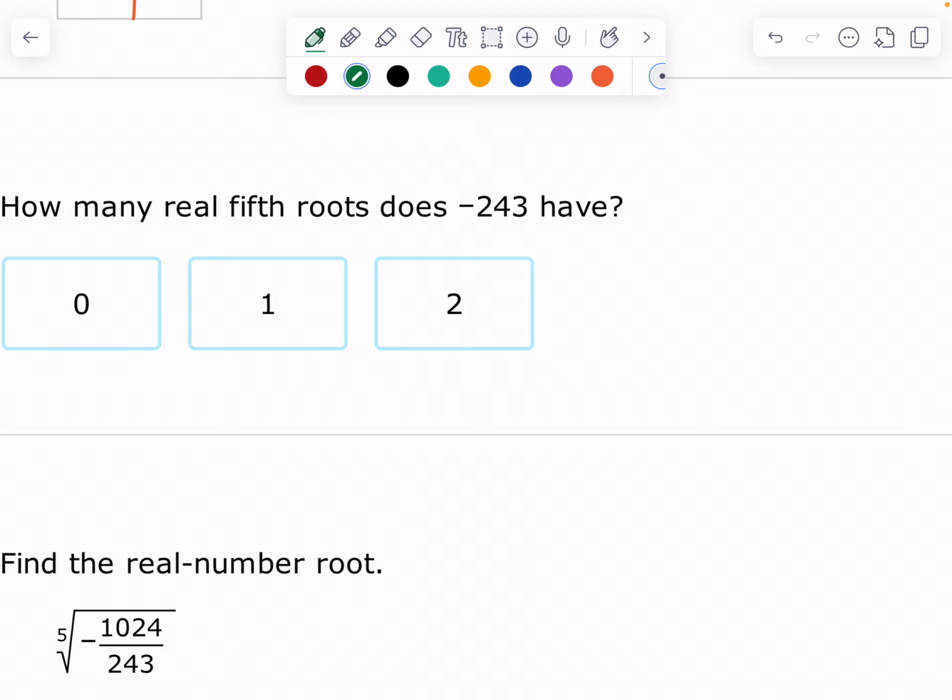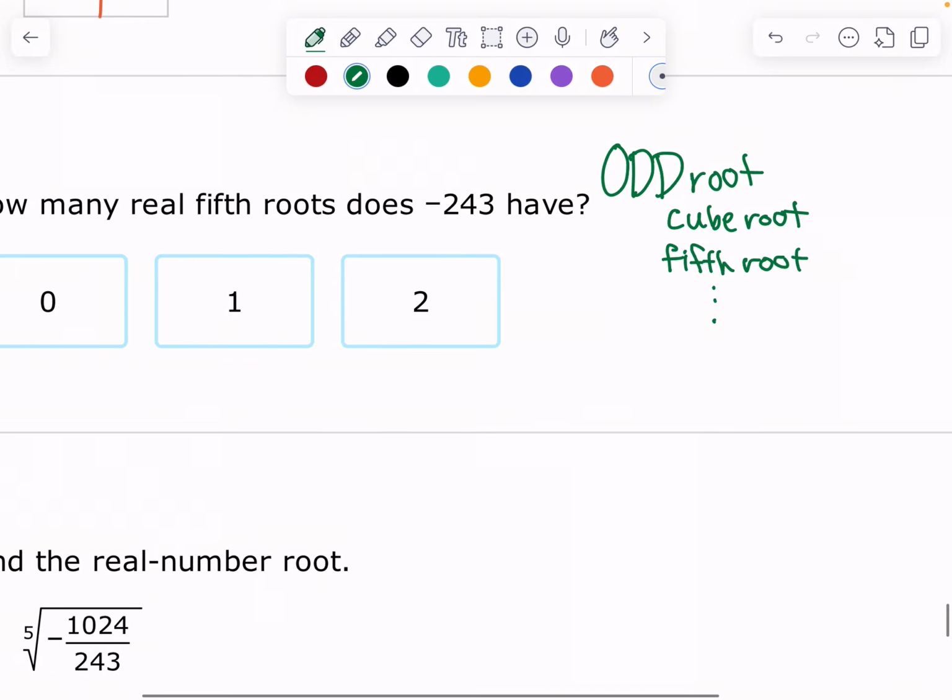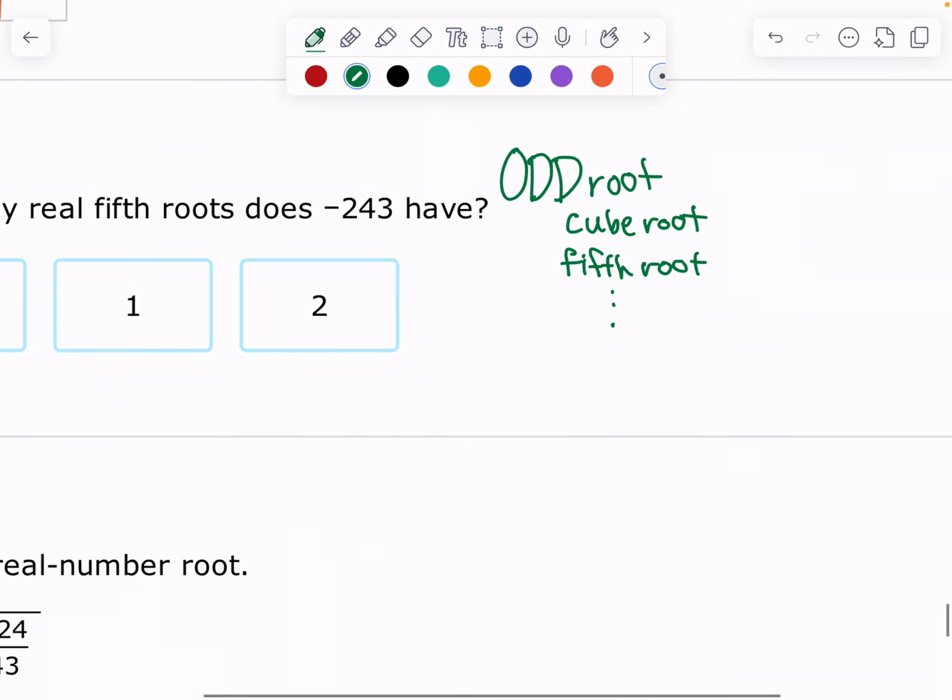So if it's asking for an odd root, meaning it's asking for like the cube root or 5th root or 7th root, or basically it's an odd number, right? The root is odd.